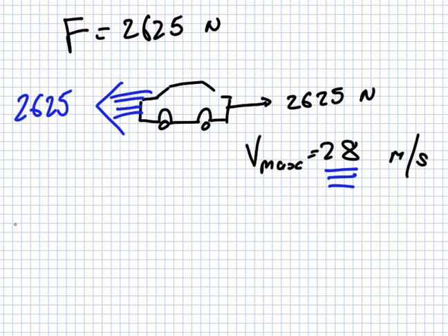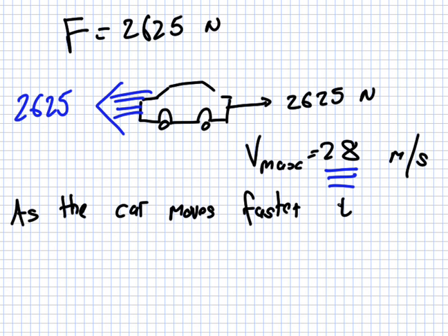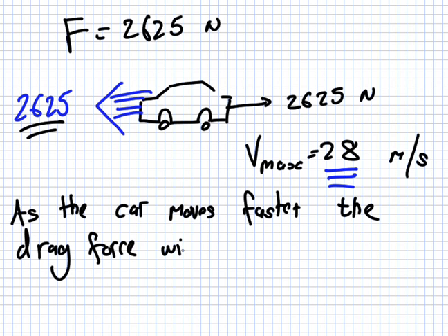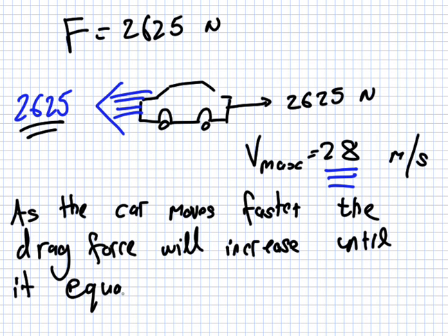So we need to explain this for 1 mark. As the car moves faster, the drag, this is called the drag force, will increase until it equals the drive force.